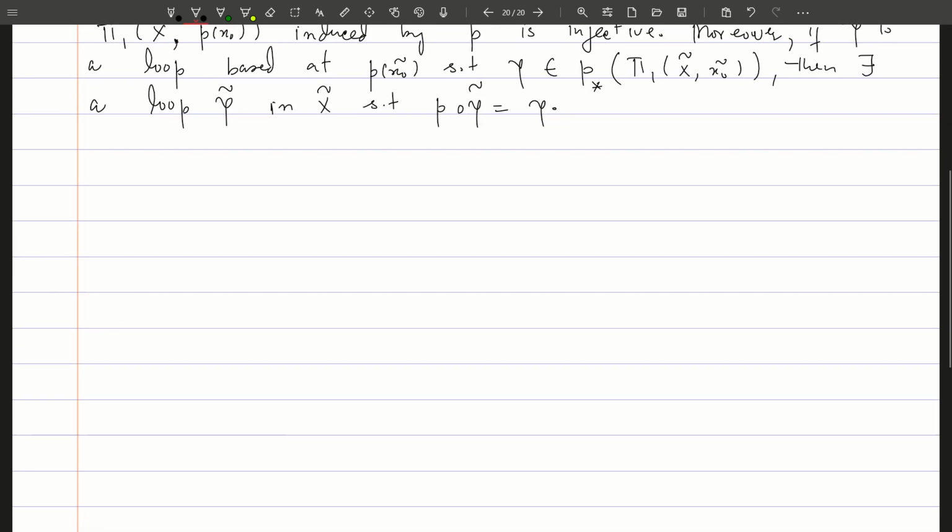Let us prove this. So first we'll prove that the induced homomorphism is injective.